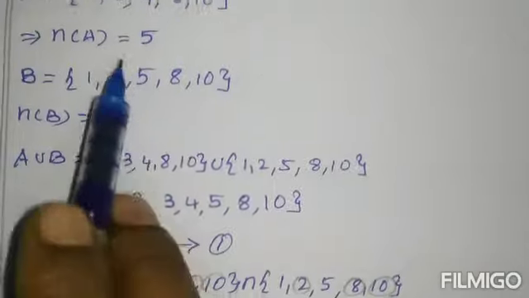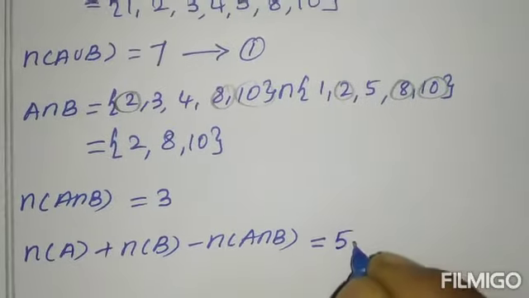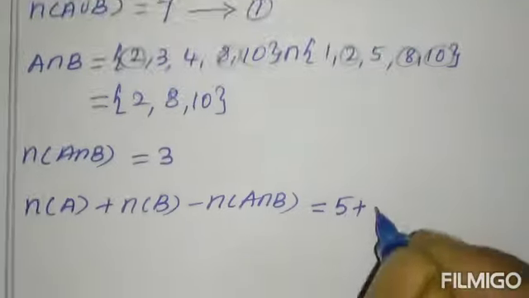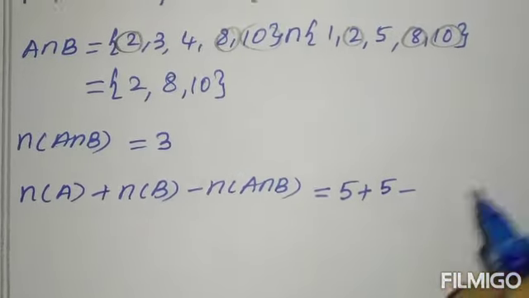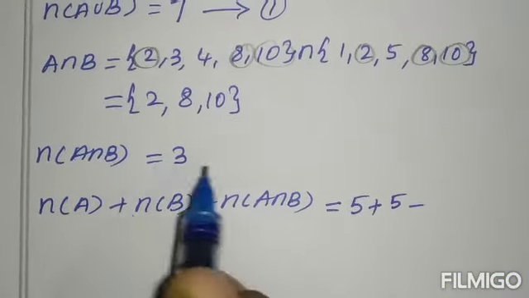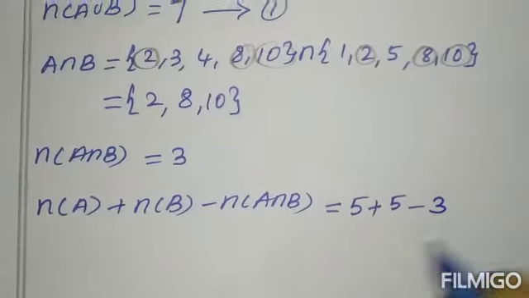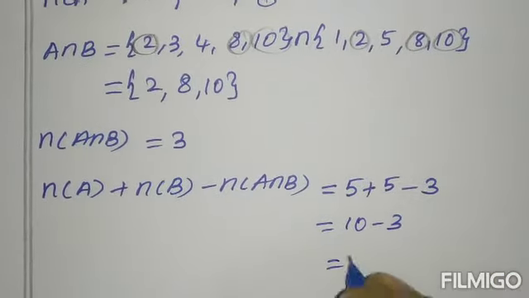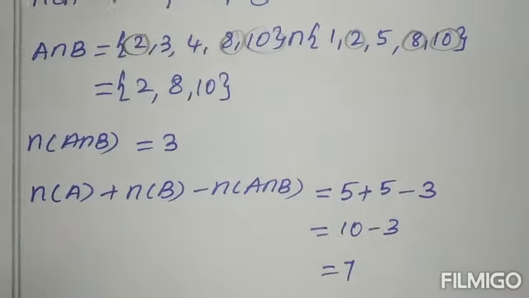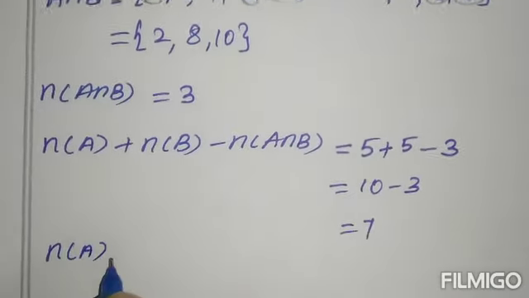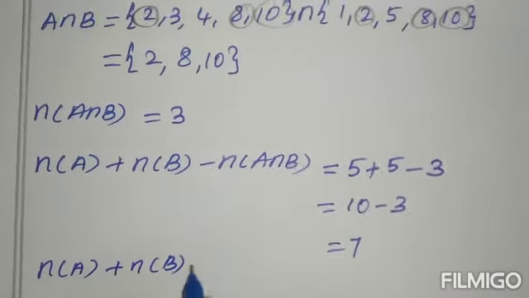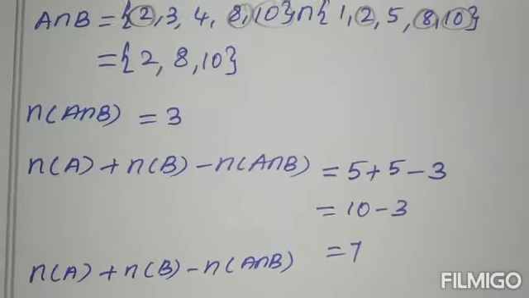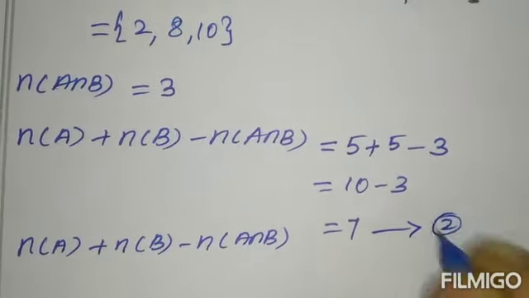We know already n of A is 5, plus n of B also 5, minus n of A intersection B is 3. So 5 plus 5 is 10. So 10 minus 3 is equal to 7. So this is nothing but n of A plus n of B minus n of A intersection B. Take it as equation 2.